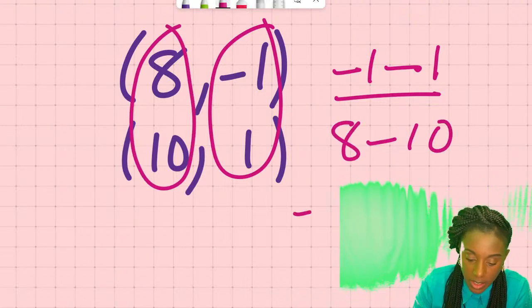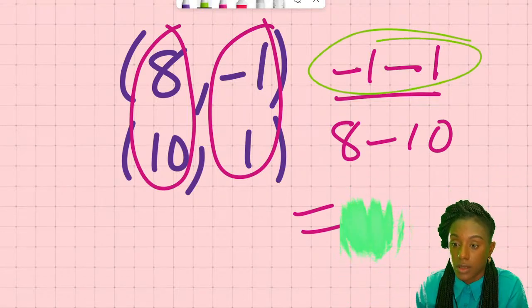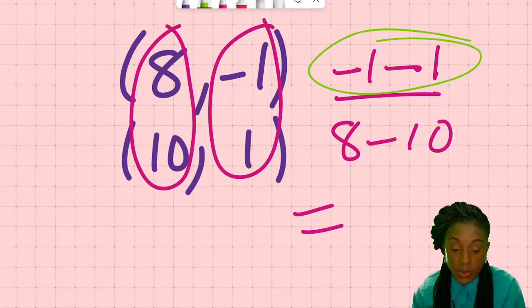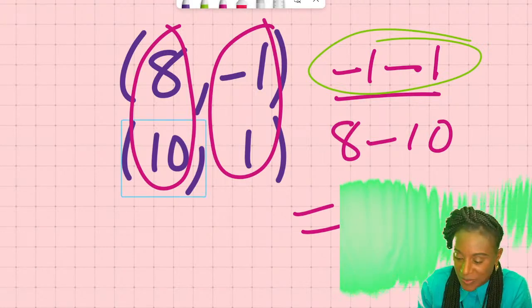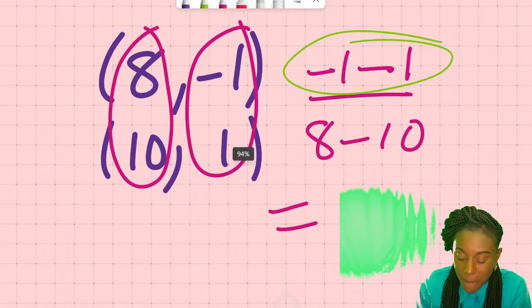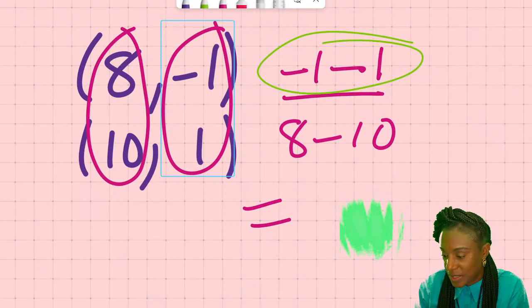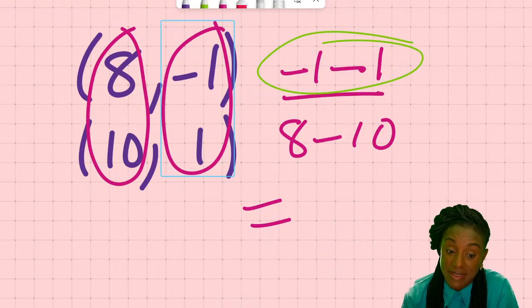Could somebody tell me the value of negative 1 minus 1? Type the answer in the chat for me, please. I need some help. What's negative 1 minus 1? Is the answer positive 2 or negative 2?